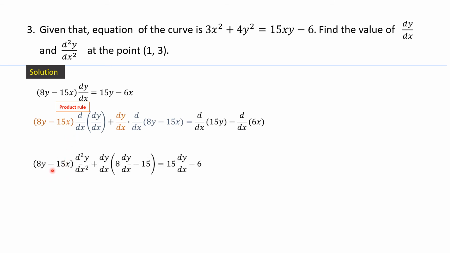Here we get (8y minus 15x) times the second derivative, plus dy/dx times (8 dy/dx minus 15), equal to 15 dy/dx minus 6.